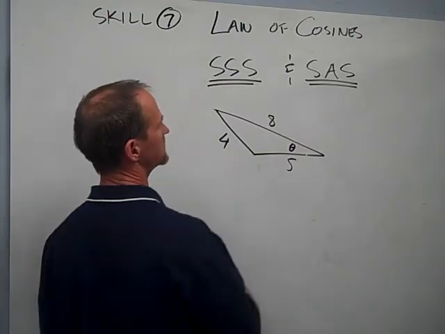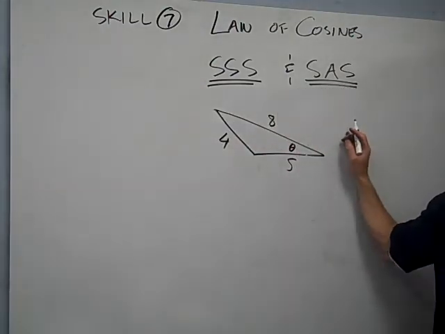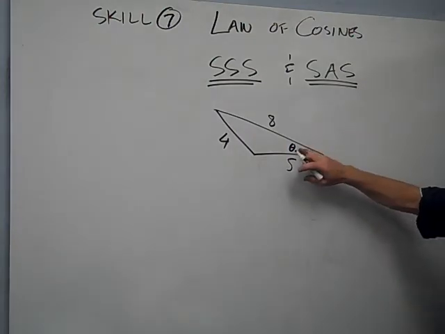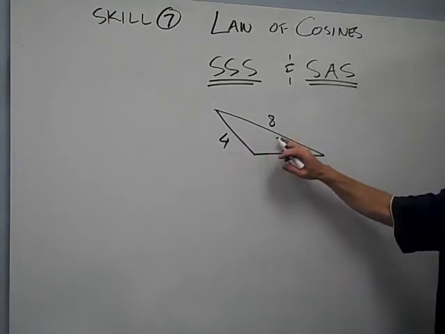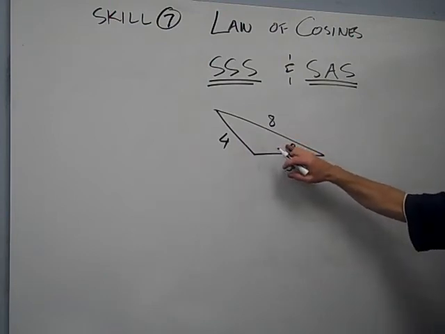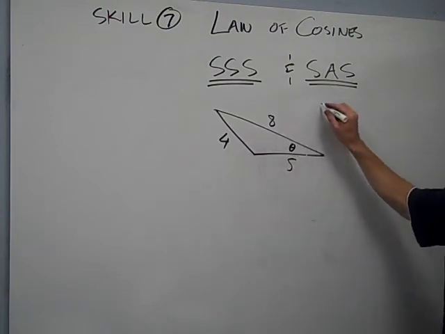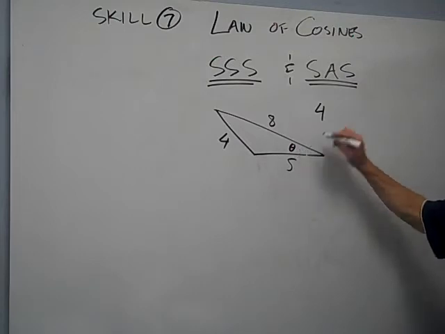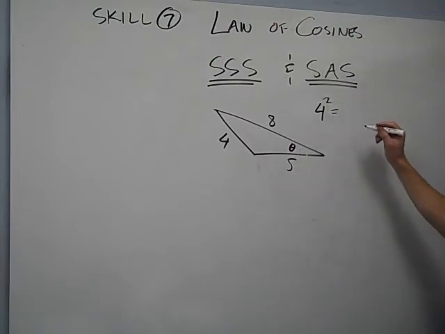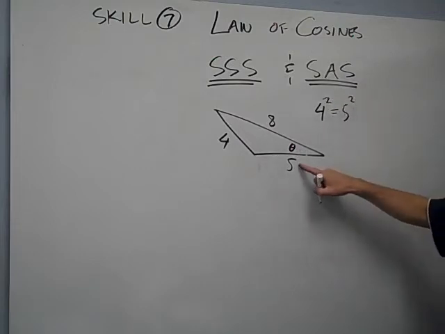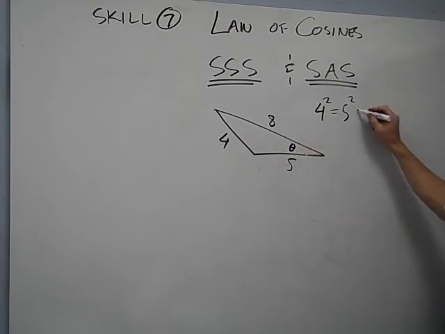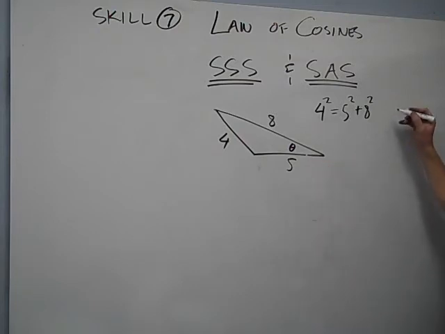The law of cosines says that if we're looking for either this missing angle or a side that is opposite the angle that I know, it's always going to be this side that's opposite the angle I'm trying to solve for, squared, is going to be equal to 5 squared, the adjacent side, added to the other side squared, and then minus 2 times 5 times 8, and then times the cosine of this angle theta.